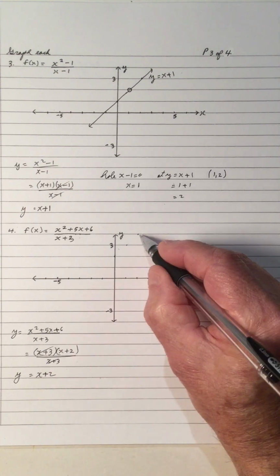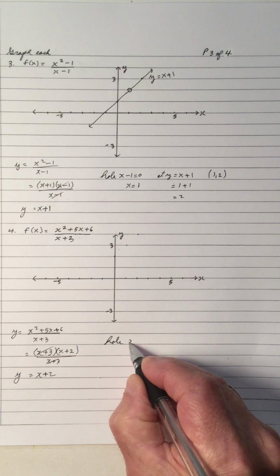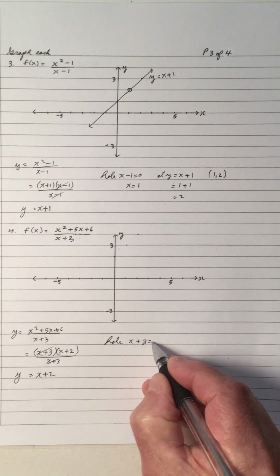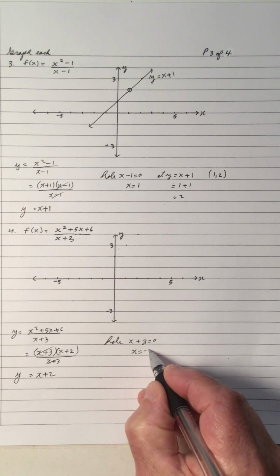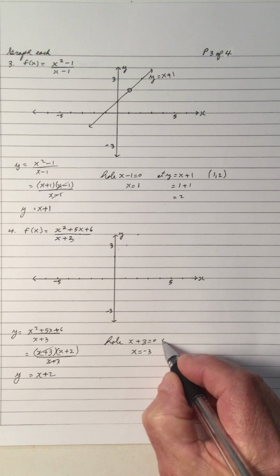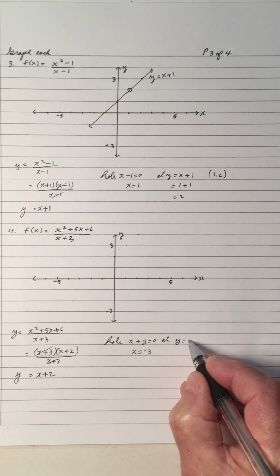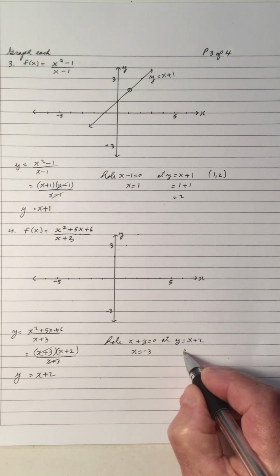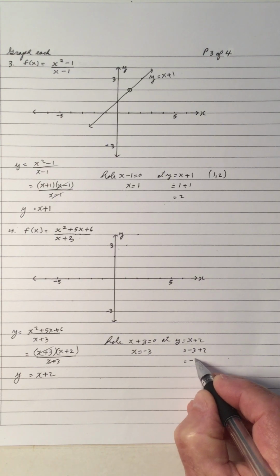So before I draw this line, let's find out where that hole is. The hole is where x plus 3 is removed. So we make x plus 3 equal to 0. That means that x is -3. Then let's take the line y equals x plus 2, and substitute in -3 plus 2, that's -1.